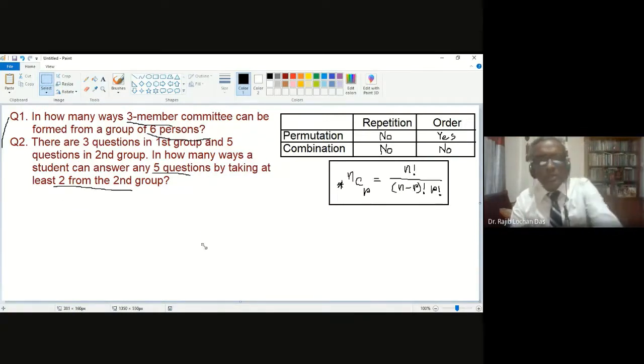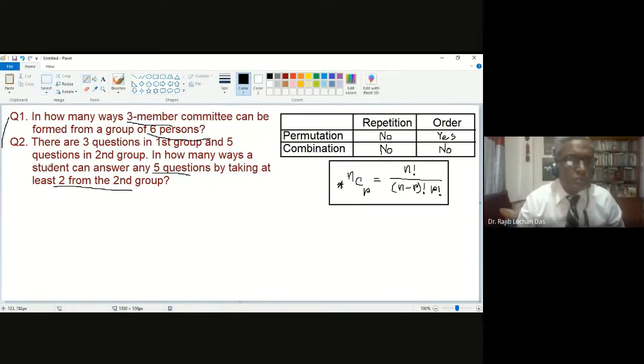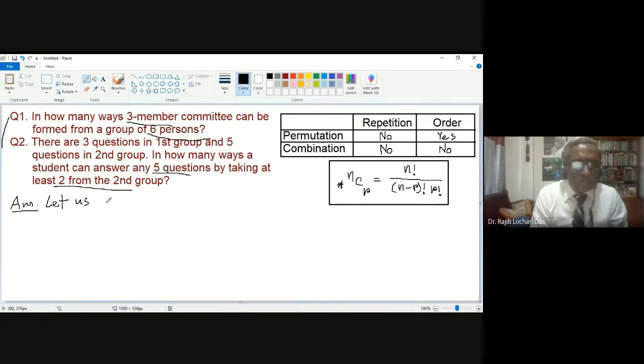I mean, different cases possible. So I'm just writing this: let us consider the following cases.